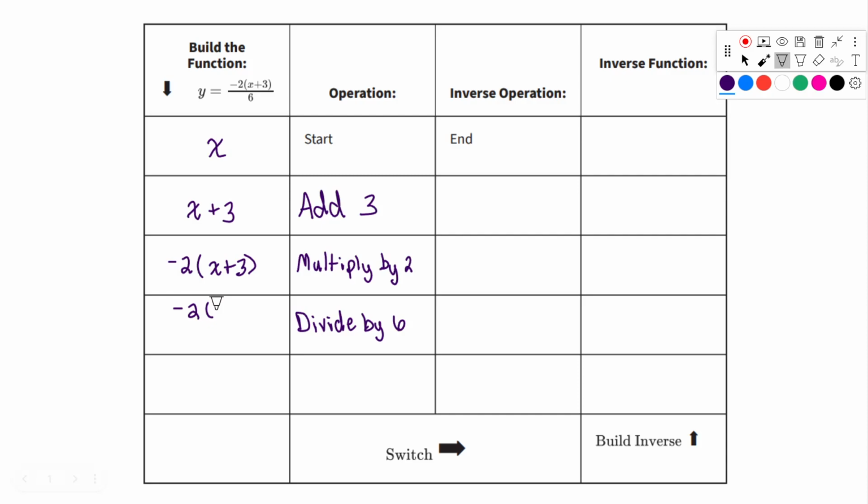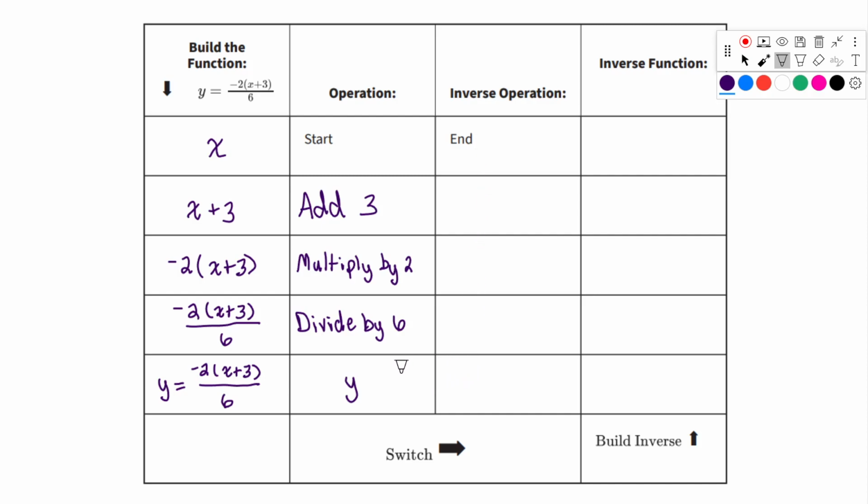Negative 2 times x plus 3 divided by 6, and we can write it then as an equation. Negative 2 times x plus 3 over 6, and what we're doing is we're just saying that it is equal to y.